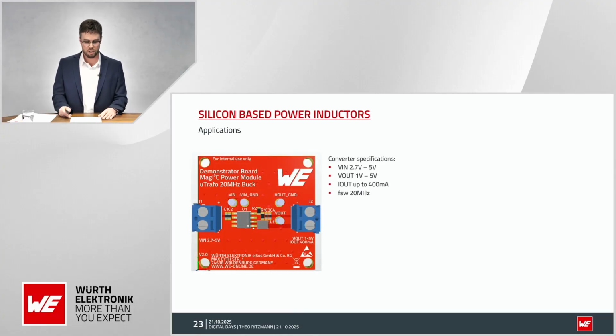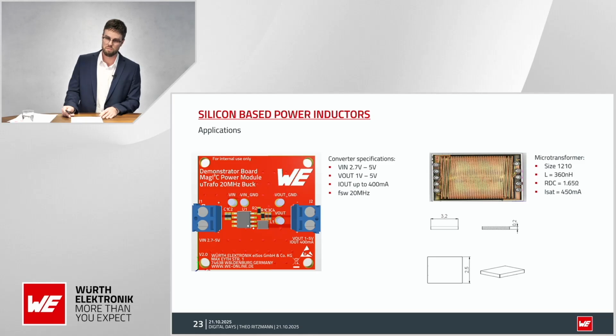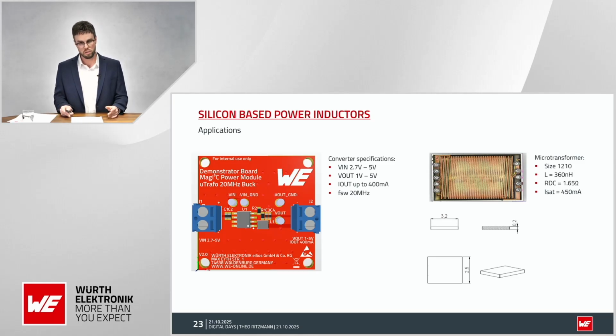How do the applications for silicon-based products look? Here is one example application. We have a demonstrator board with a switching frequency of 20 megahertz and an output current of 400 milliamps. The inductor for this application is a microtransformer, chip size 1210, inductance value 360 nanohenry.